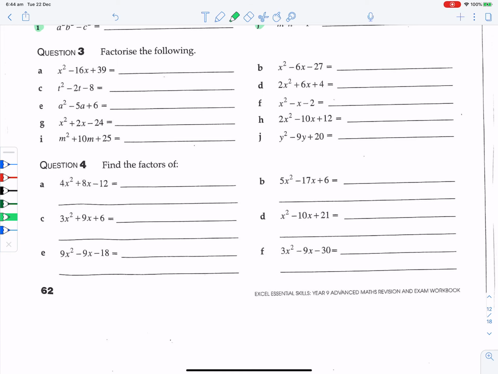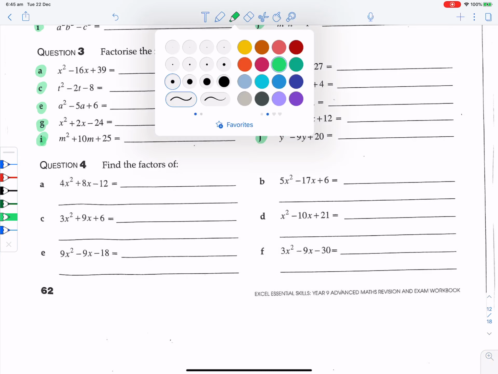Question 3. Okay. 3a, monic quadratic trinomial. B, monic quadratic trinomial. C, monic quadratic trinomial. F, monic quadratic trinomial. E, G, I, J are all monic quadratic trinomials.